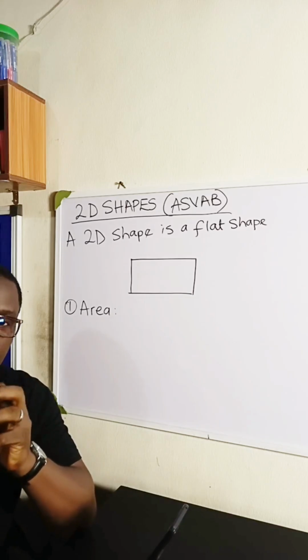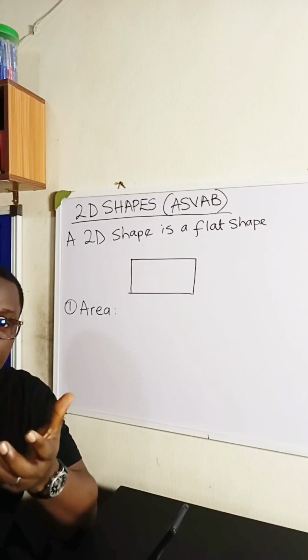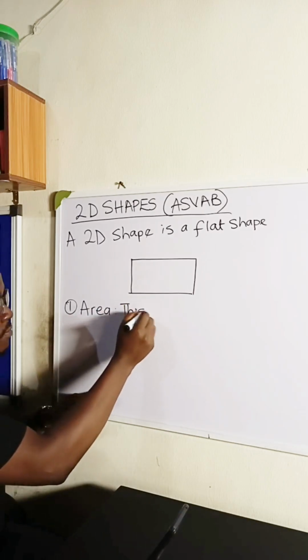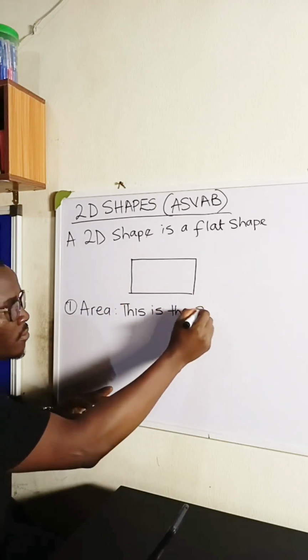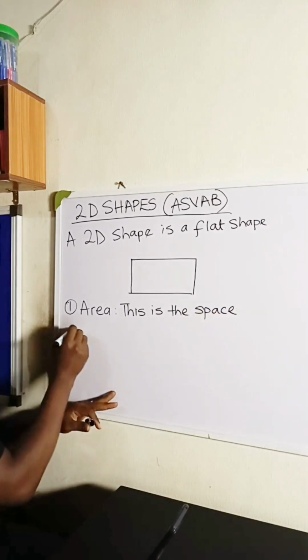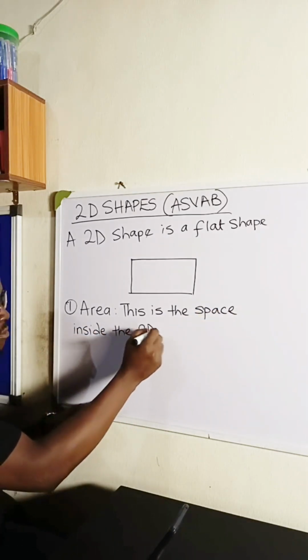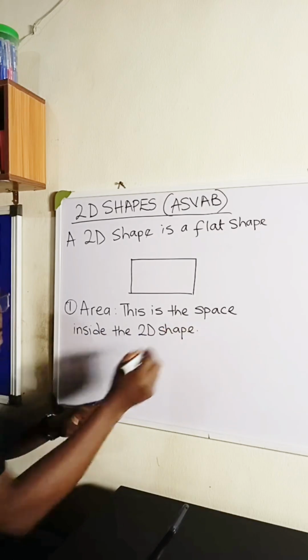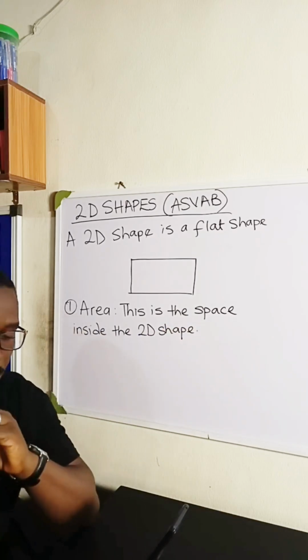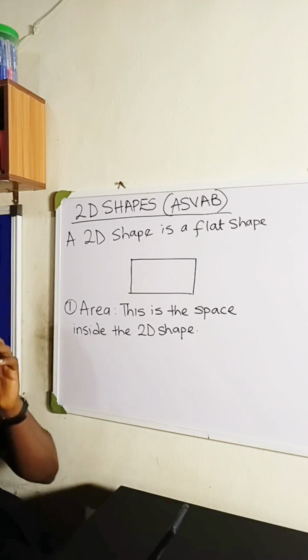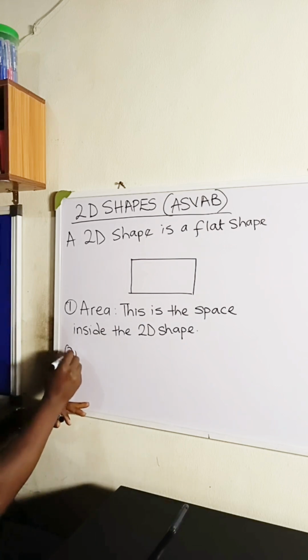The area of a 2D shape is the empty space inside the 2D shape. Also, we're going to be learning about perimeter.